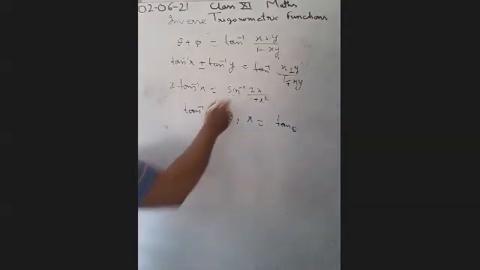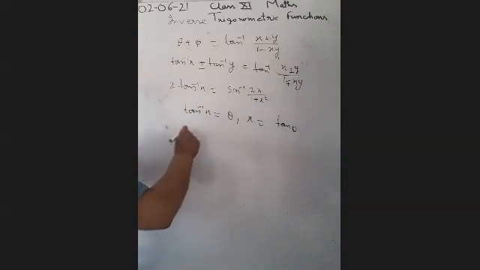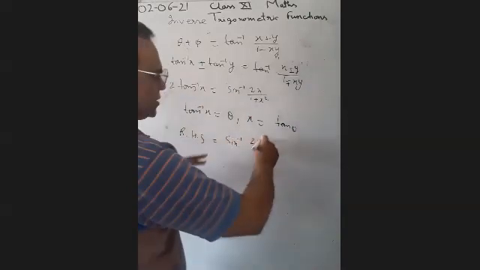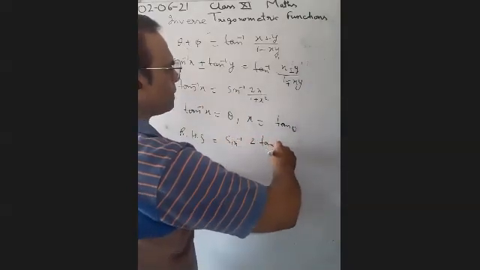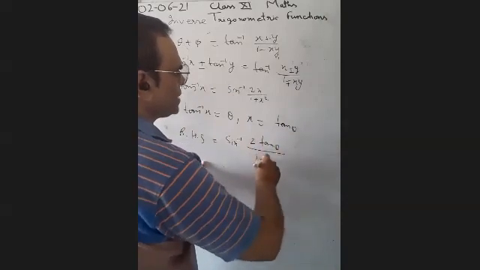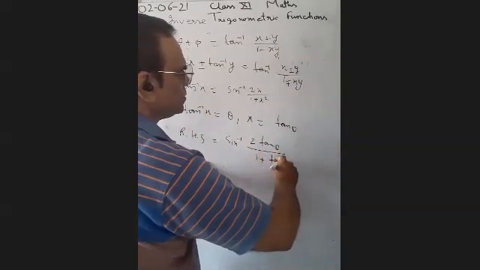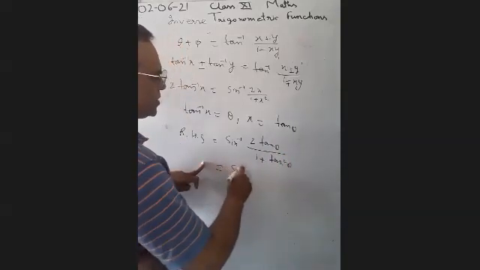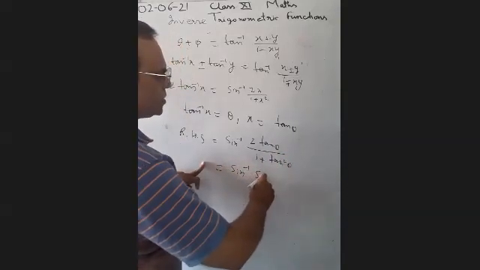It is better to take the right hand side. Taking the right hand side, sin inverse of 2 tan theta upon 1 plus tan square theta. So you get sin inverse sin 2 theta.